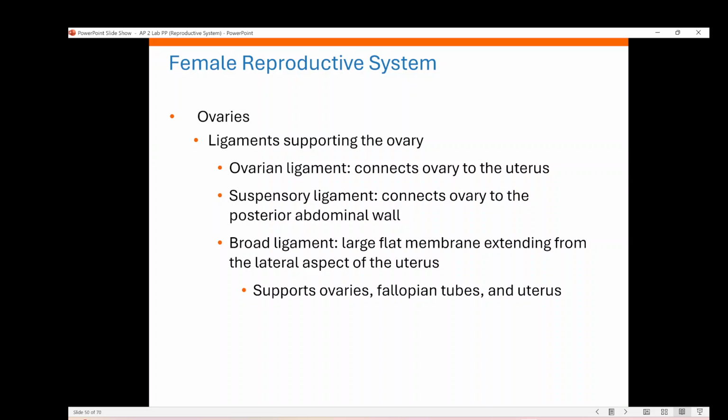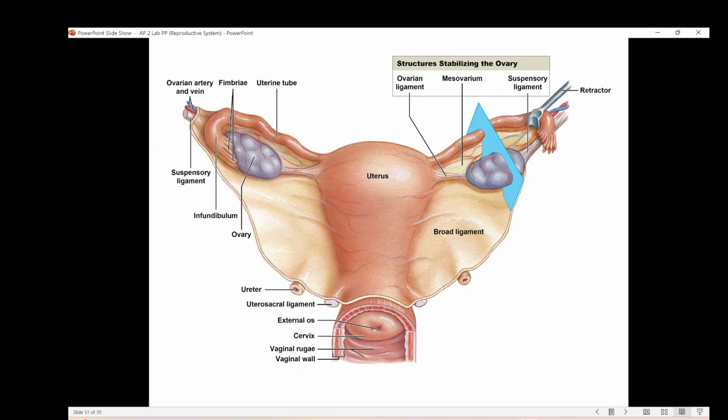So our ovaries need to be held in place. They just can't be moving around. We would never have fertilization if that was the case. So there are some important ligaments related to the ovaries as well as the uterus. The first one is known as the ovarian ligament, and this is basically connecting the ovary to the uterus.